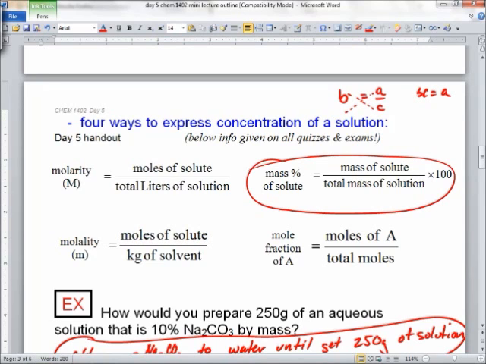What if I wanted to solve for C? If I wanted to solve for C, do the diagonal game. Move the C to where the B is, right? Because if you're going to solve for C, it can't be in the bottom.